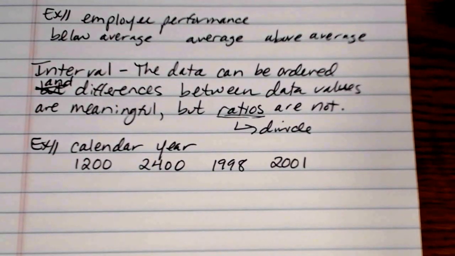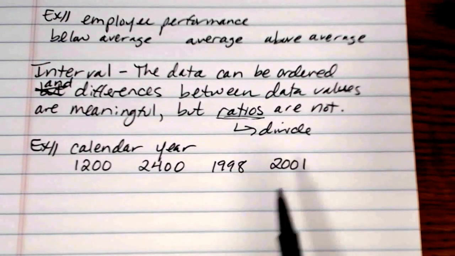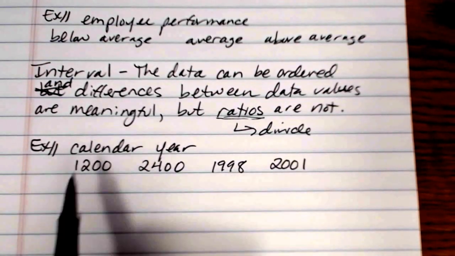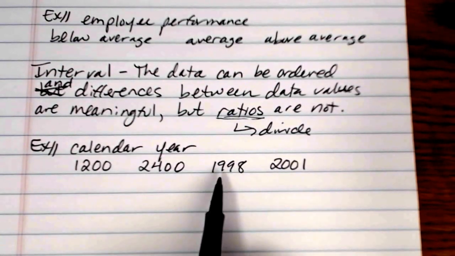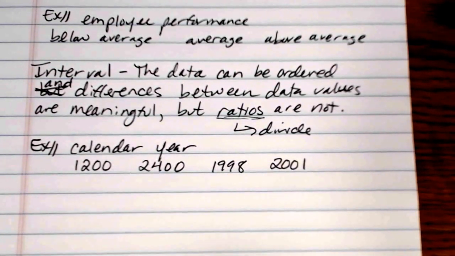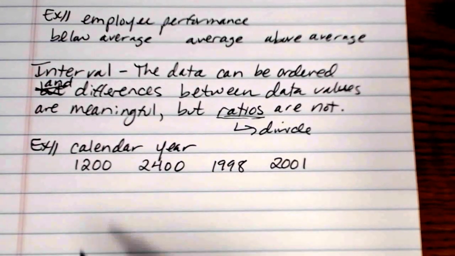Okay, calendar year. Now, could we put these in order? And would that order be meaningful? Well, sure. If we put them in order, 1200 would come first, if we do from lowest to highest, then 1998, then 2001, then 2400. And the order would matter because it's in chronological order. That would be a meaningful order to put them in.